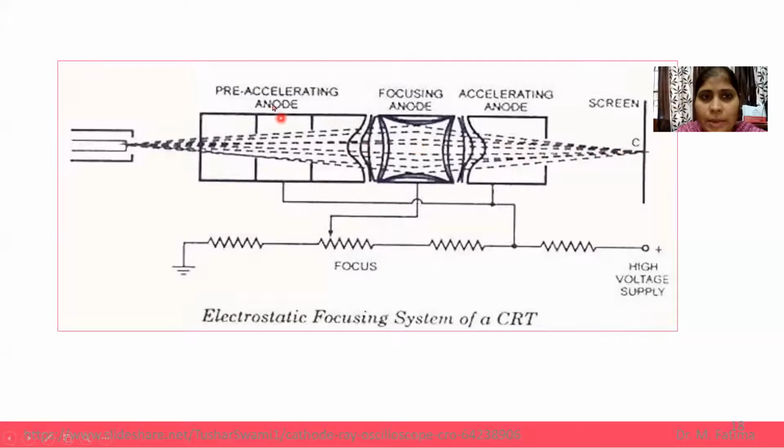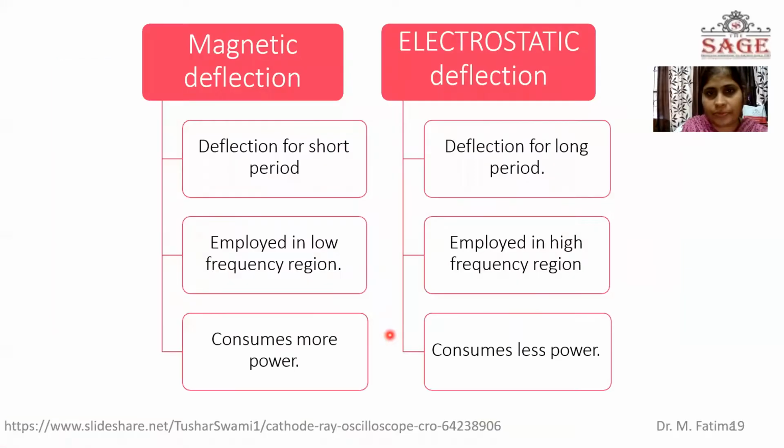In this manner, the pre-accelerating, focusing and accelerating anodes provide the electrostatic focusing to move the electrons towards the center of the screen. So this is called the electrostatic focusing system.